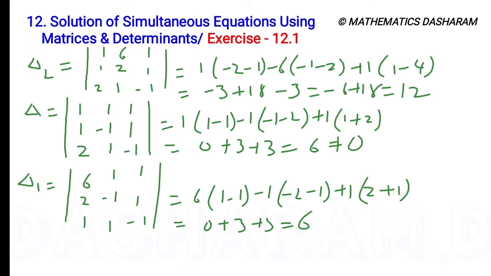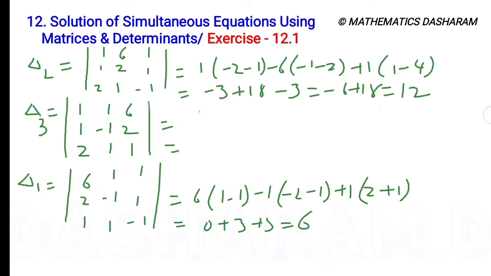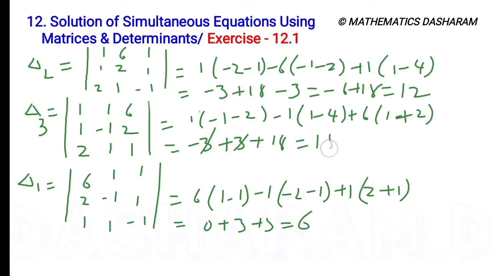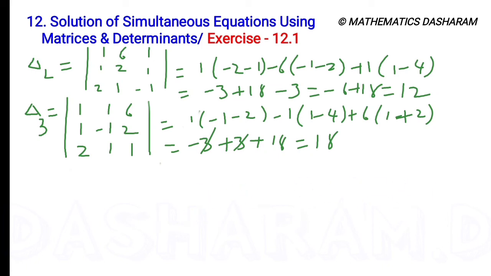Next, to find the delta 3 matrix, just replace the third column with the constant numbers 6, 2, 1 and find its determinant. So it is equal to 18. So let's find the x, y and z values.